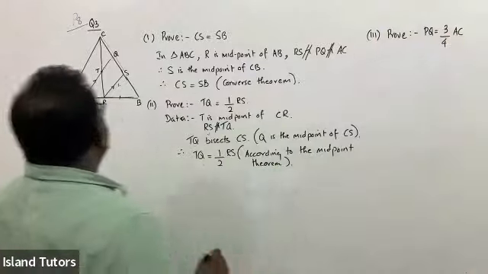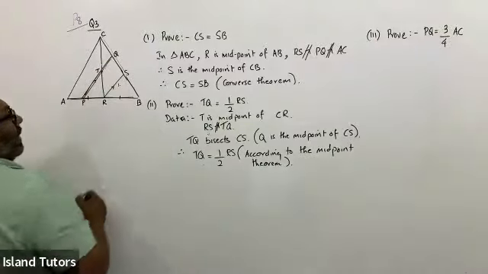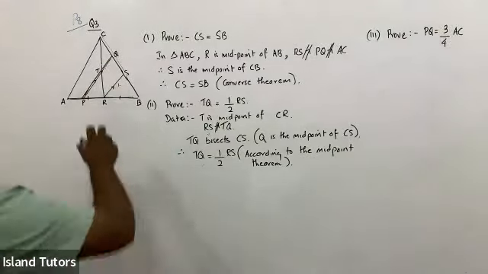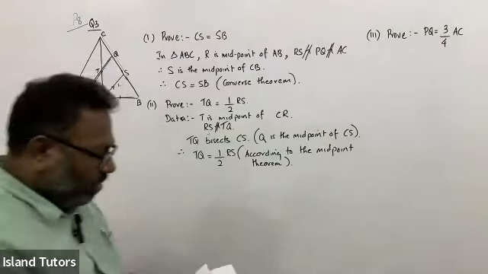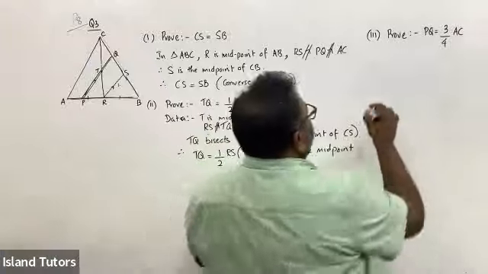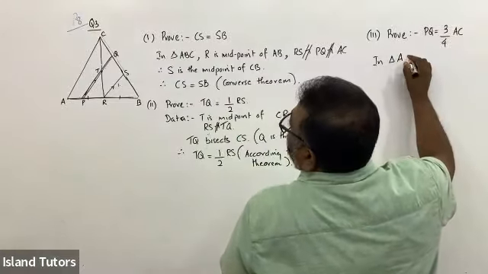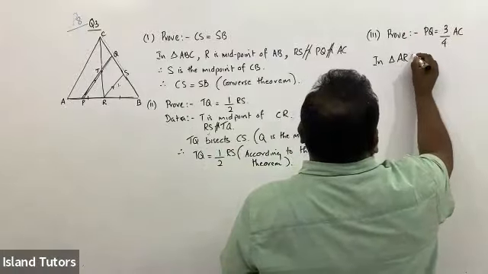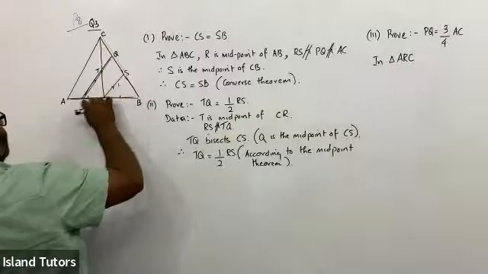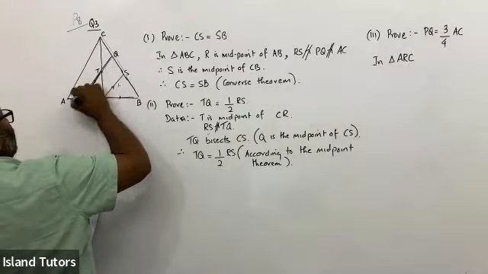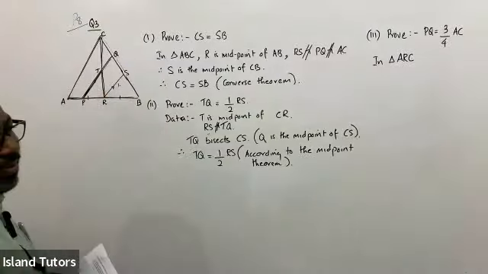So where is PQ? PQ is this, and it is 3/4 the length of AC. Okay. So we'll say in triangle ARC, where is triangle ARC? You have this triangle here, right? ARC triangle is this.